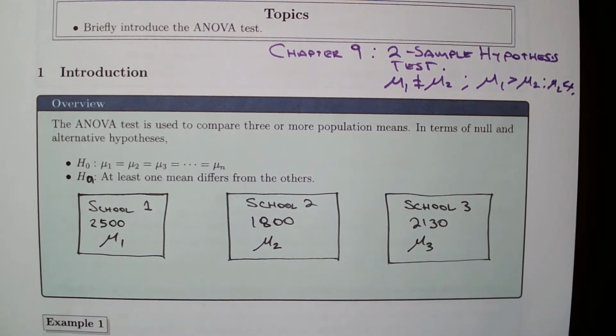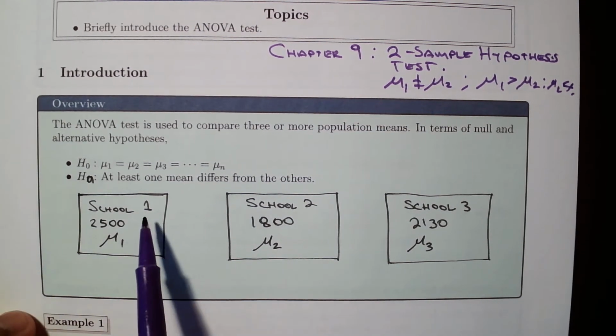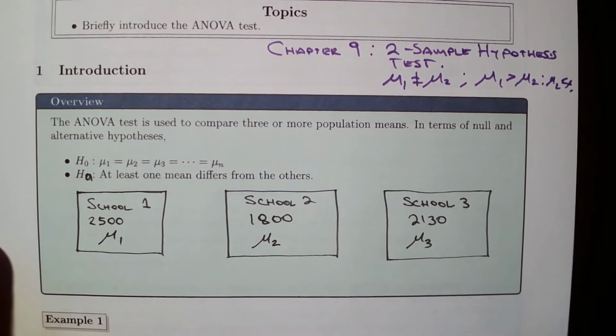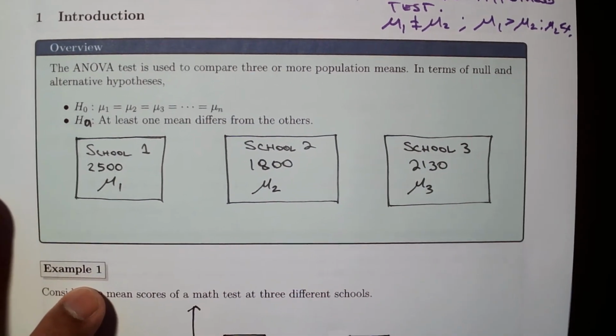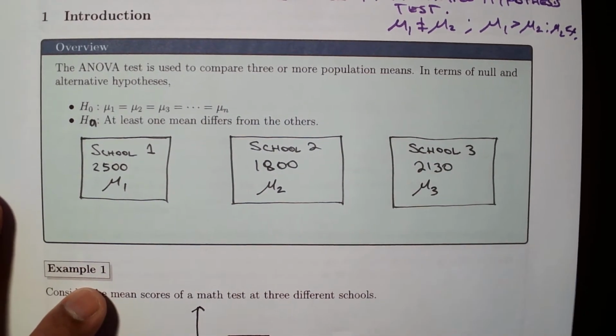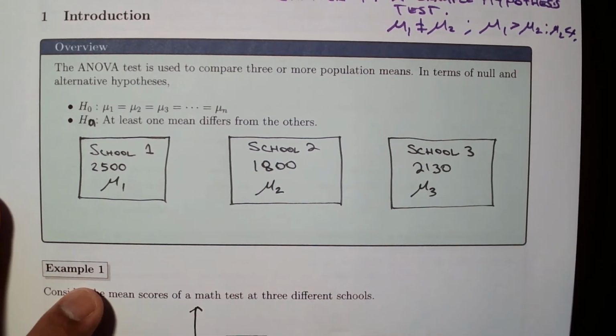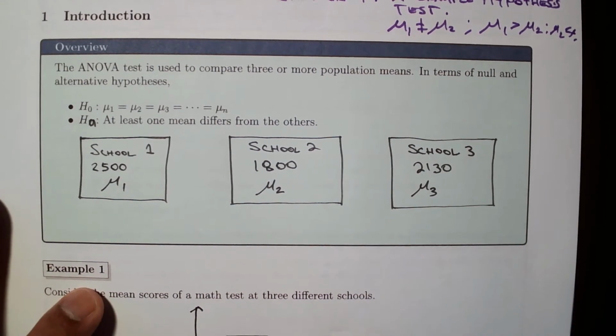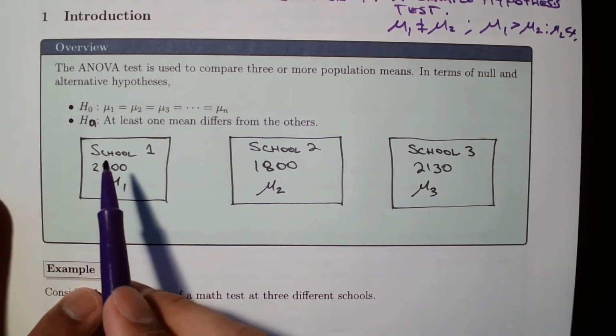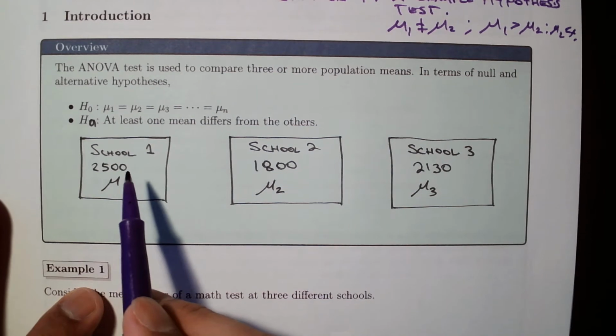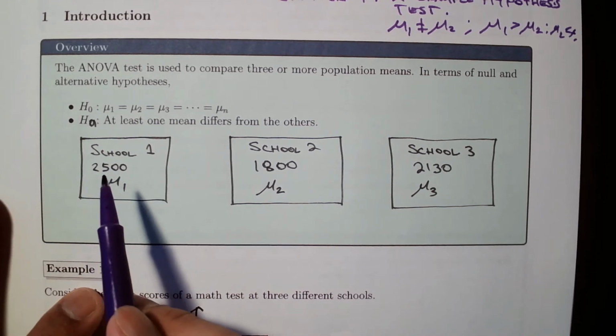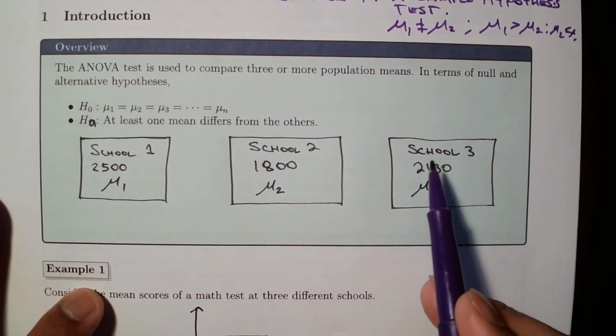All right, to give you the bigger picture here, suppose we have three different schools at which some exam, like the SAT for example, is going to be applied, and we want to know whether the means at each school are different or the same. Of course it would be hard to make a census, because every single school will have too many students.